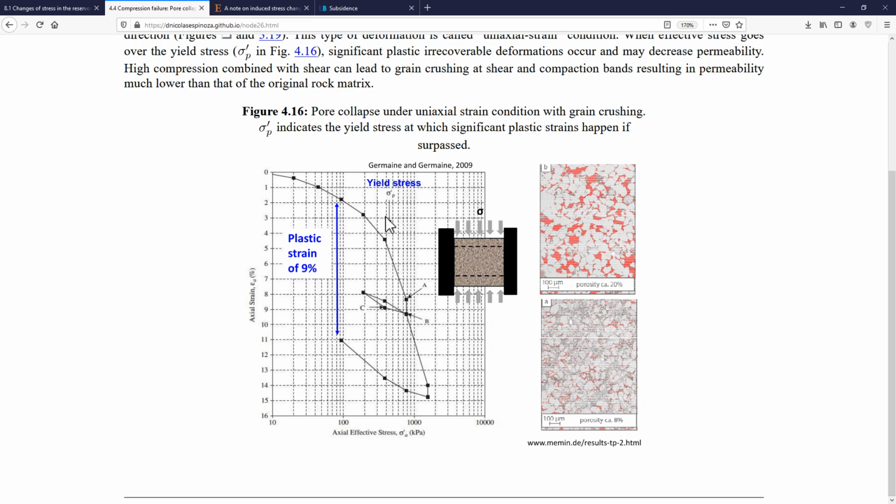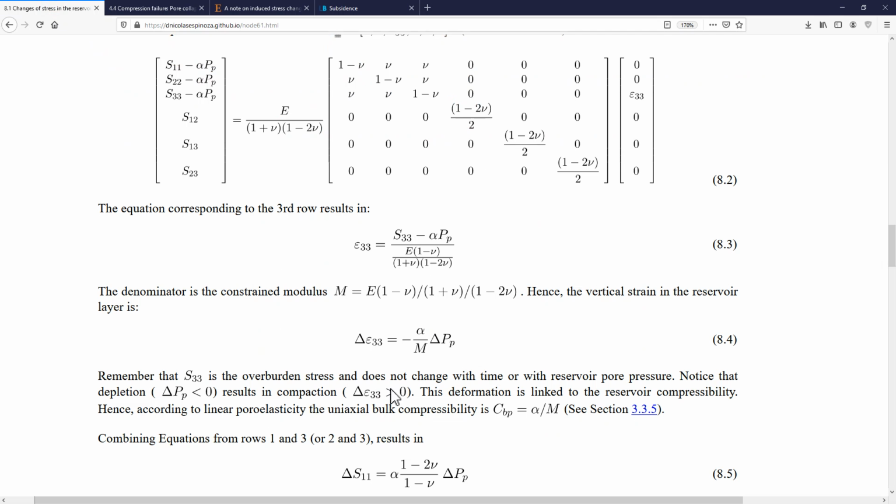There is going to be a typical or given stress, which is called the yield stress, at which if I surpass that stress, I'm going to incur significant plastic strains which are not recoverable. Those are not taken into account in this equation, but you can take them into account with more advanced models.